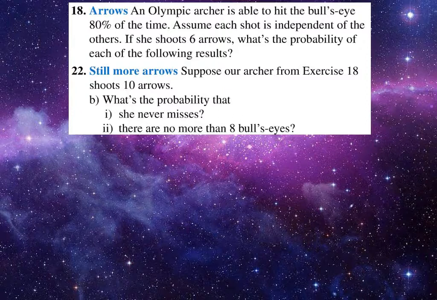You can change it to geometric as saying her first miss is not within the first 10. Or if you're talking about binomial, you can just say the probability that hits equals 10. So there are all sorts of different ways you can attack that. You'll see how I do it. Just do whatever seems right to you.